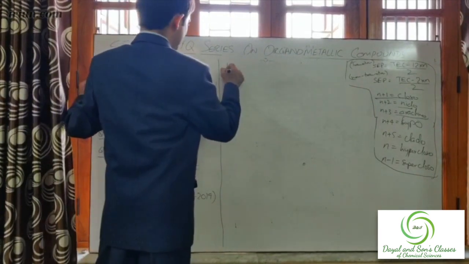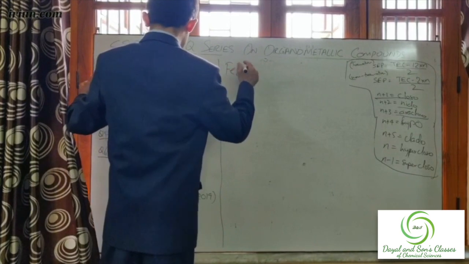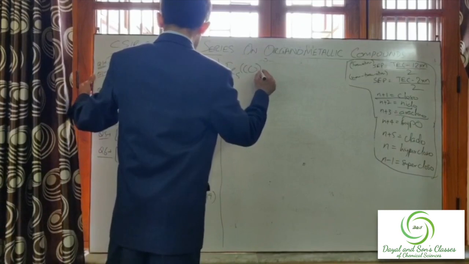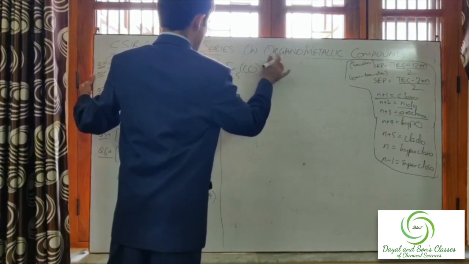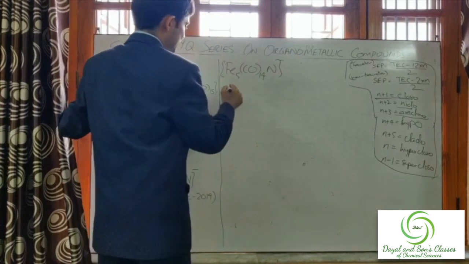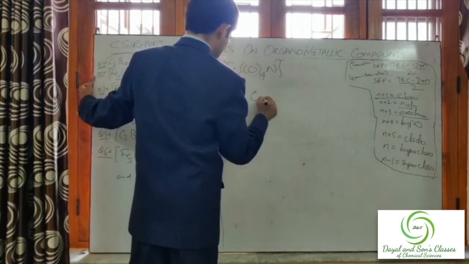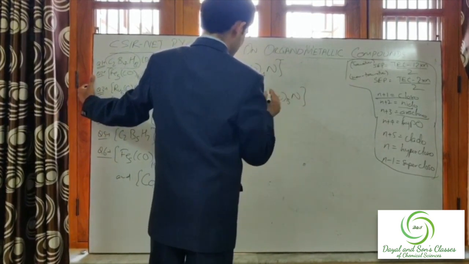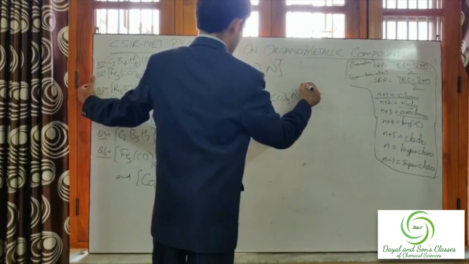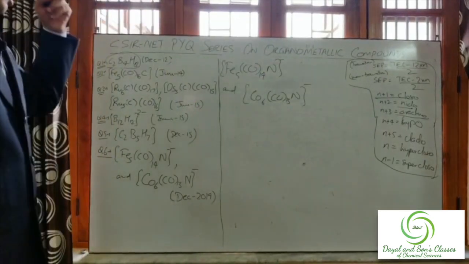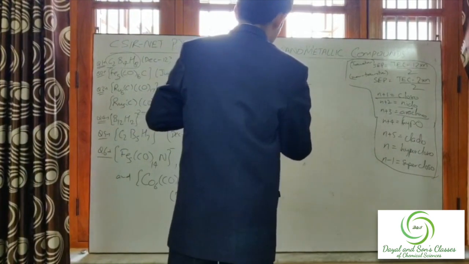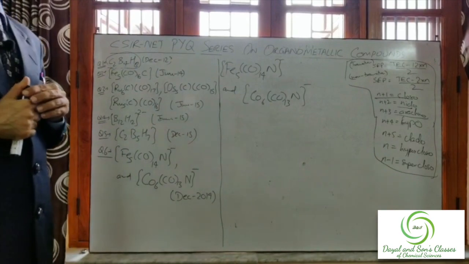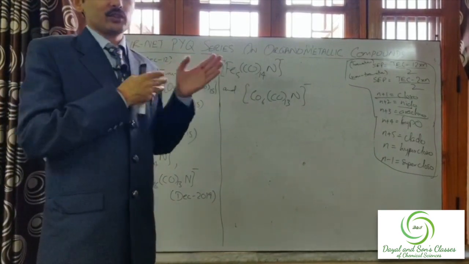Let's write down the clusters which were asked: Fe5C(CO)14 negative, and Co6N(CO)13 negative. We were given these two clusters and we were asked to tell the cluster type for these two particular compounds.